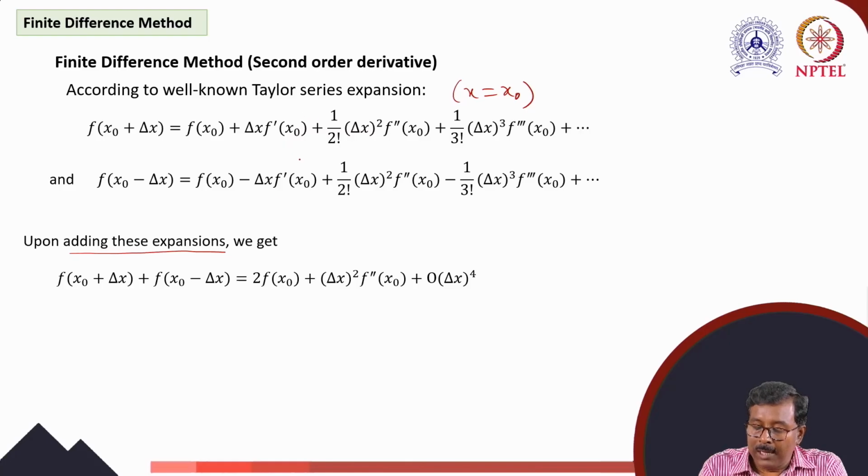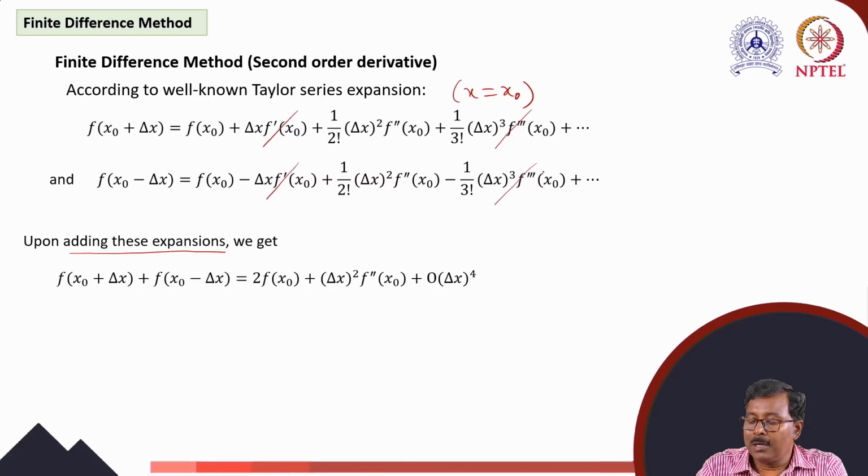Similarly, the other term associated with delta x cube will also be cancelled out. So this is twice f of x0 plus 1 by 2 factorial, that is 1 by 2, into delta x square, so twice into this it will become delta x square f double dash x0 plus the higher order terms.